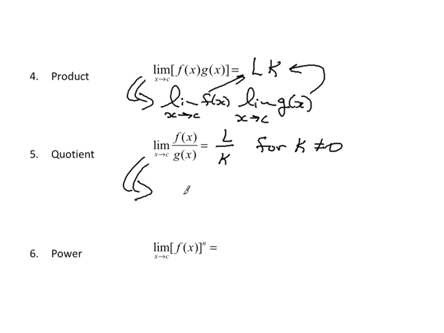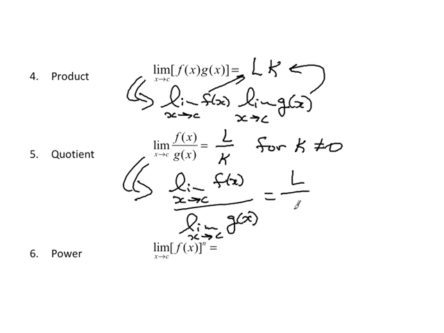Now again, I can rewrite this as the limit as x approaches c of f of x divided by the limit as x approaches c of g of x. And from that, I think you can clearly see that's L over k. Again, I have to specify k has to be non-zero.